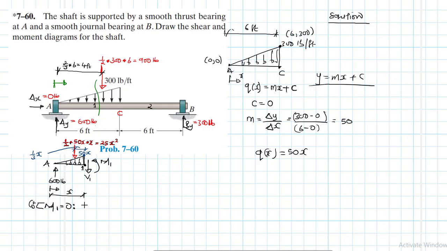We have 25x squared times 1 over 3x, okay, and then we have minus 600 times x, and then we have plus m1 equal to 0.